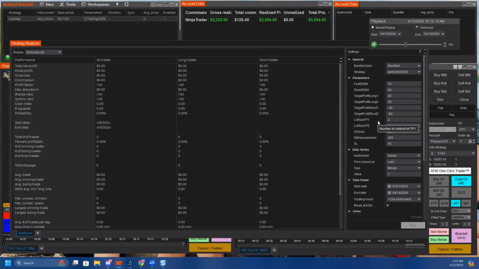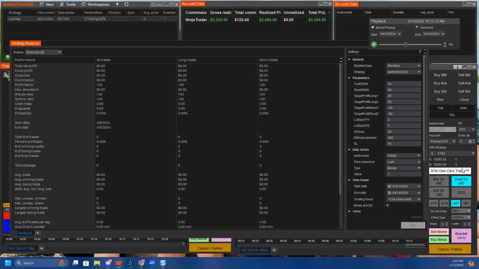So if I'm backtesting using the Ninja Renko and it shows me, for example, $10,000 profit for the last 2 weeks, I would consider 50% of those trades as bogus trades, or no fills, just to make it a little bit more realistic.